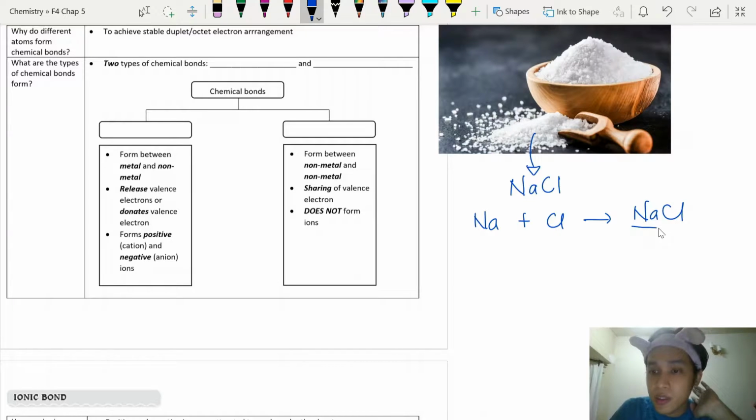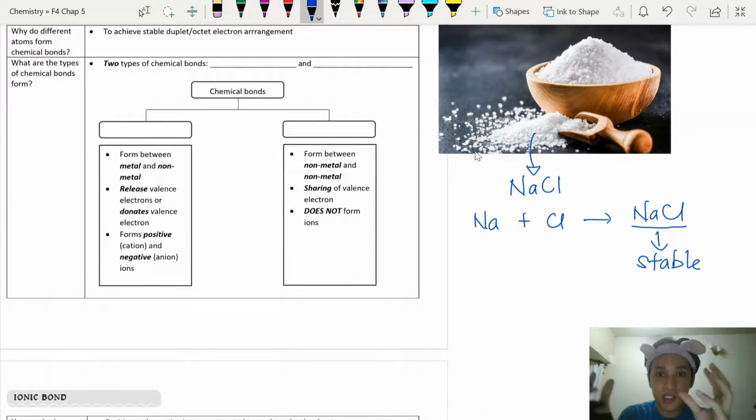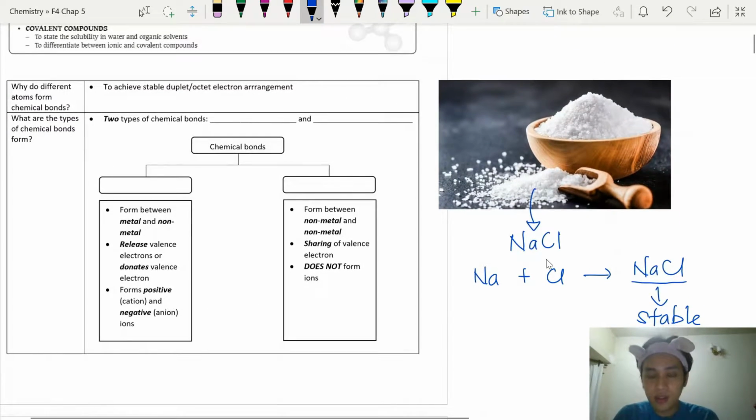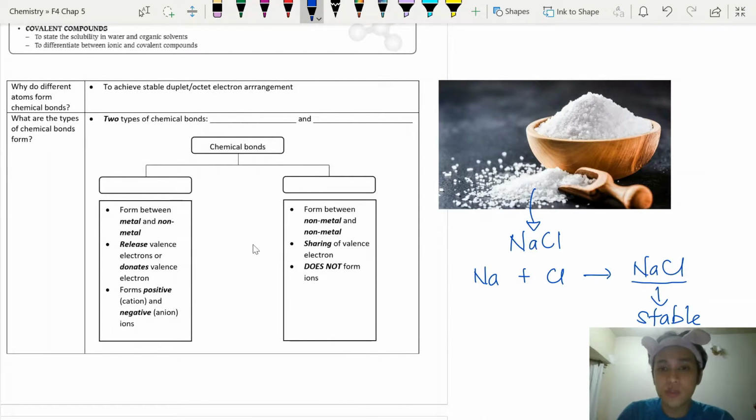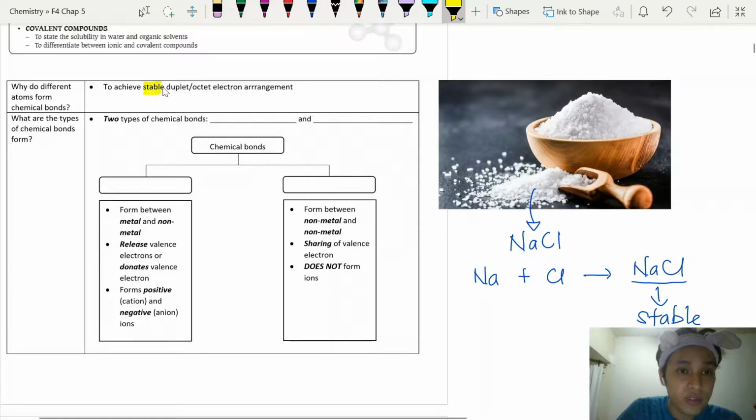Sodium chloride is stable. If it's not stable, it will disintegrate, meaning it will disappear. How elements combine depends on the octet rule, the octet or duplet rule.